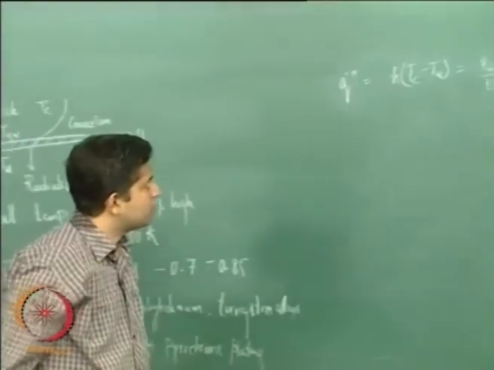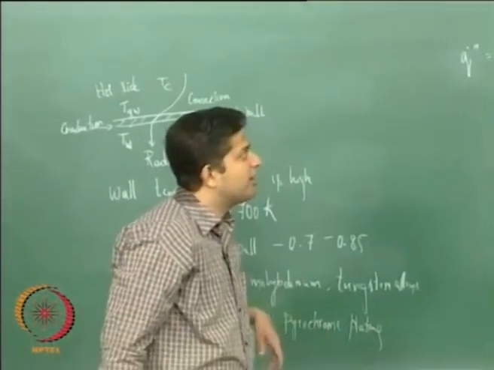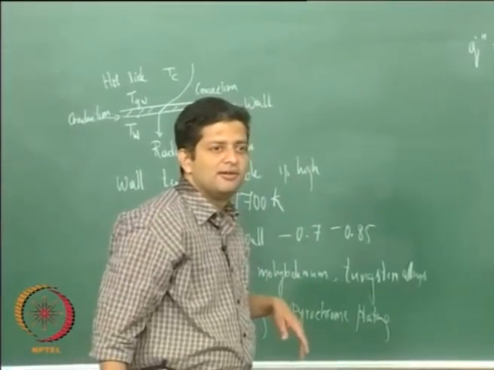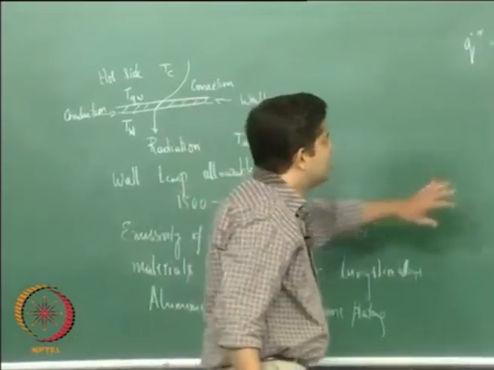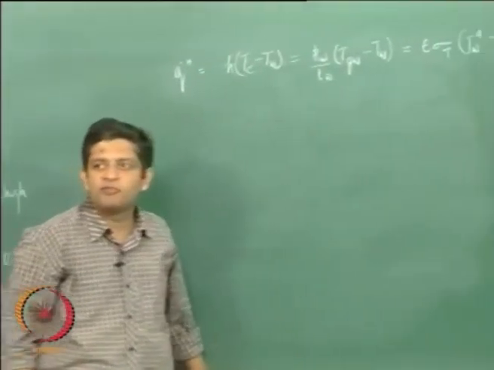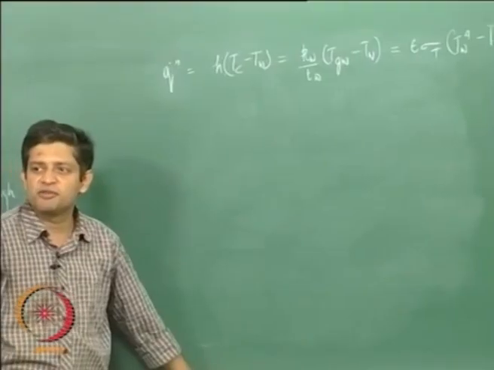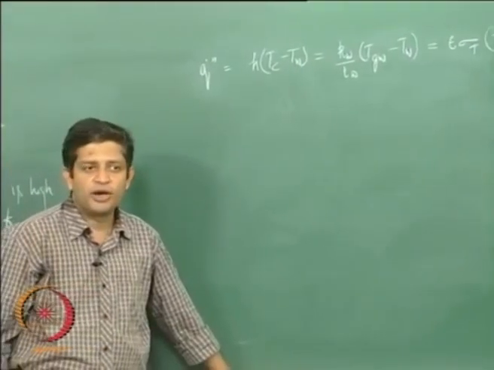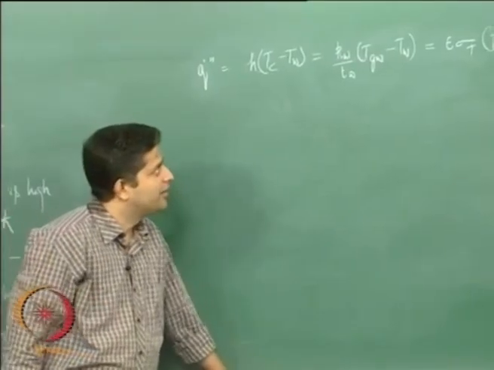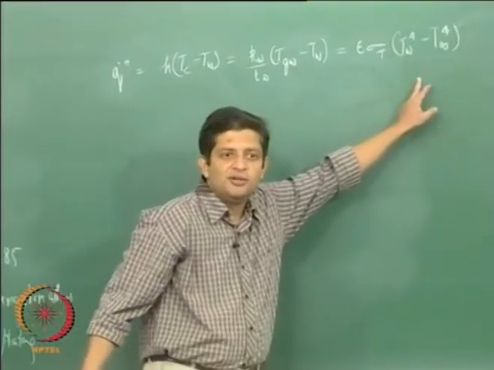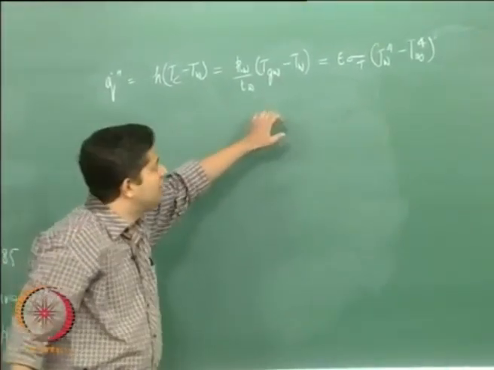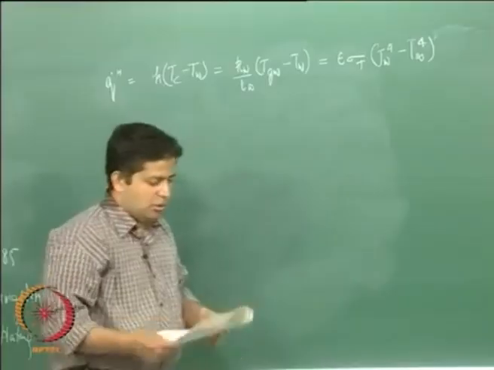Now, if you look at this equation, how many unknowns are there? Tc will be known to you depending on what kind of propellants you are using, what is the pressure and what is the flow rate, right. Then T infinity is also known. So, there are two unknowns, namely Tg wall and T wall.